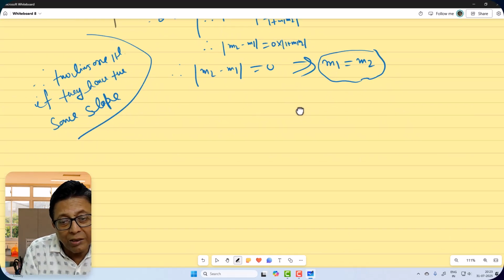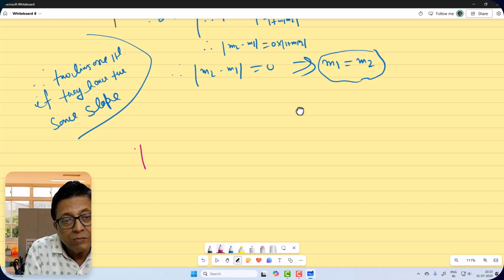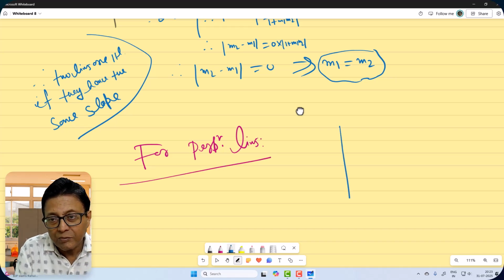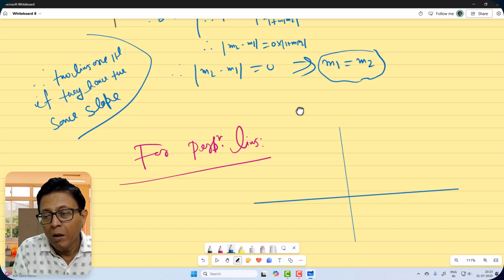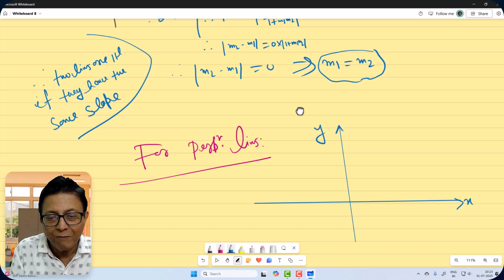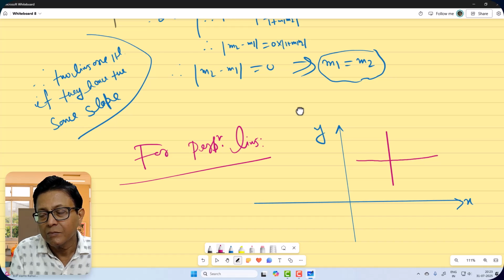For perpendicular lines, x, y. These are two lines, L1 and L2.